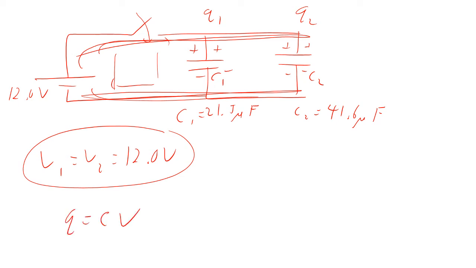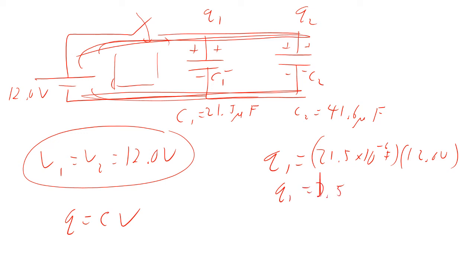is CV. So Q1 is going to be equal to 21.5 times 10 to the minus 6 farads times 12 volts. So Q1 is going to be 2.58 times 10 to the minus 4 coulombs.